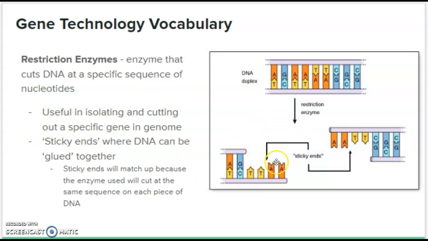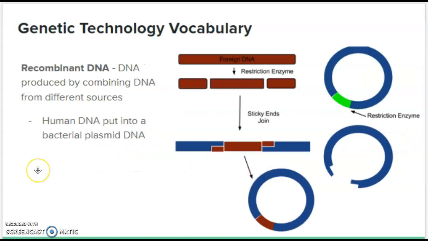Basically, when you cut it, these restriction enzymes create what's called a sticky end, which basically means the alternate bases that are over here are going to fit over here, so you can put a new chunk of DNA into that spot, glue in pieces. And when we do glue in pieces from a different organism, we've created what's called a recombinant DNA. So we've got two pieces of DNA from different sources.